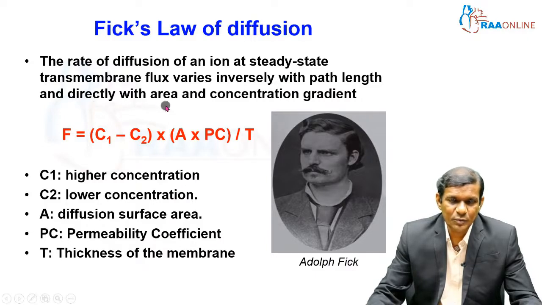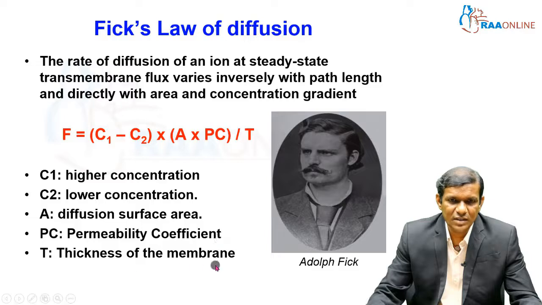But it is directly proportional to the area and the concentration. If the concentration is more, the rate of diffusion is also more. Similarly, if the surface area is more, the rate of diffusion is more. The formula is F equals (C1 minus C2) multiplied by A multiplied by PC, divided by the thickness of the membrane, where C1 is the higher concentration, C2 is the lower concentration, A is the diffusion surface area, and PC is the permeability coefficient, which is constant.